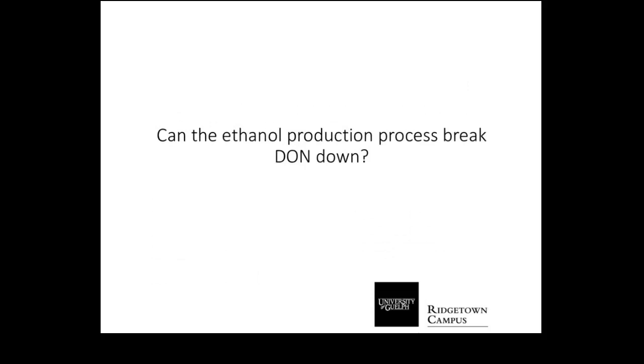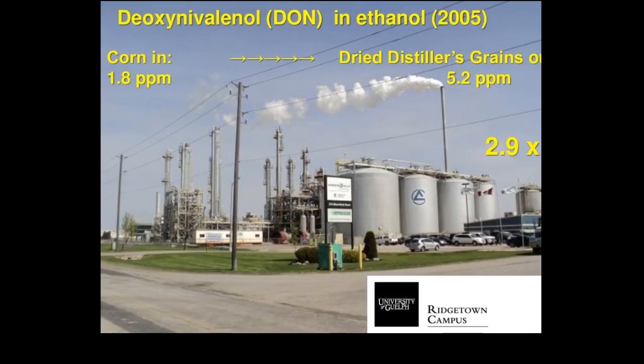So I'm going to approach this talk in the same format as a frequently asked questions fact sheet that we're working on. And so one of the first questions that gets asked is can we use the ethanol process to get rid of DON? Can we break it down in that way?